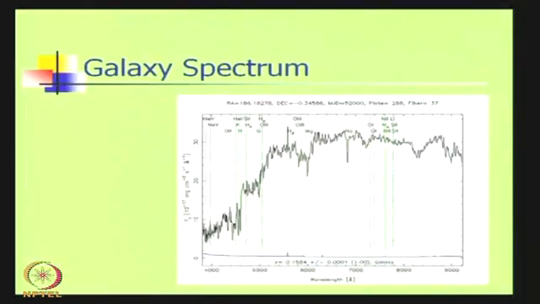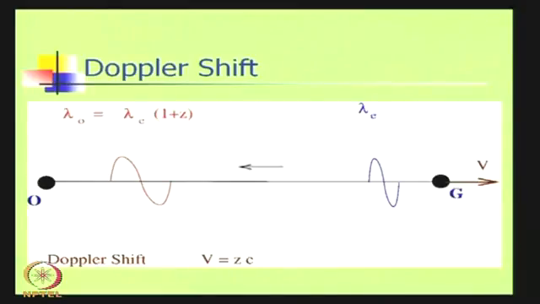So once you have identified the lines, we know Doppler shift, I mentioned it in the last class also. So suppose you have a hydrogen line or a calcium line. If you measure the wavelength of that line on Earth, you will get some value. So if the line is emitted from a distant galaxy, it also will be emitted at the same wavelength, lambda emitted.